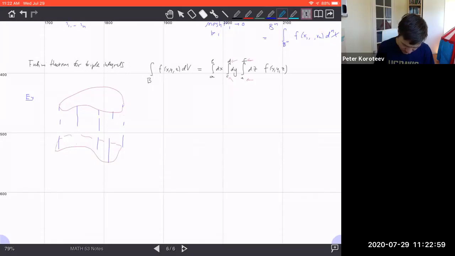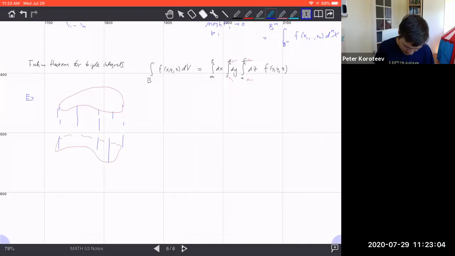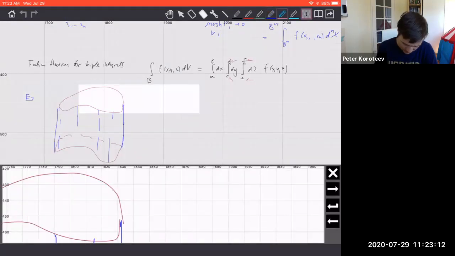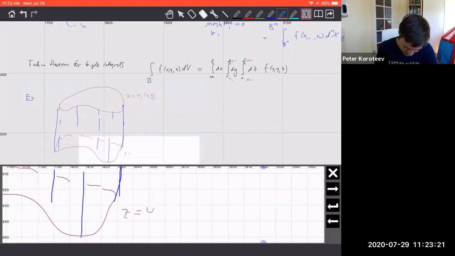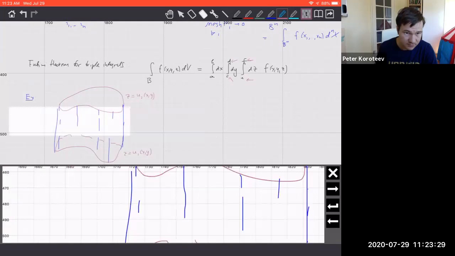Like this, and they form a solid here. Let's say the top surface is given by the equation z equals u2 of x, y. The bottom one is given by the equation z equals u1 of x, y.